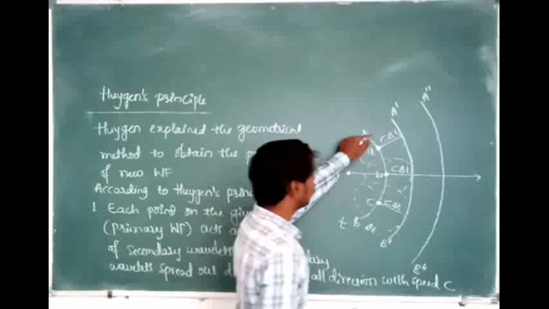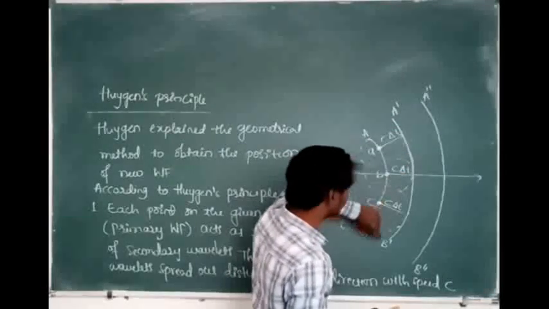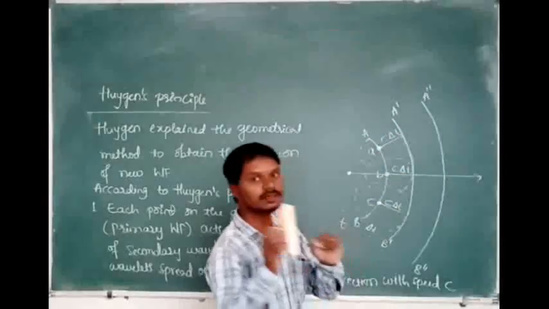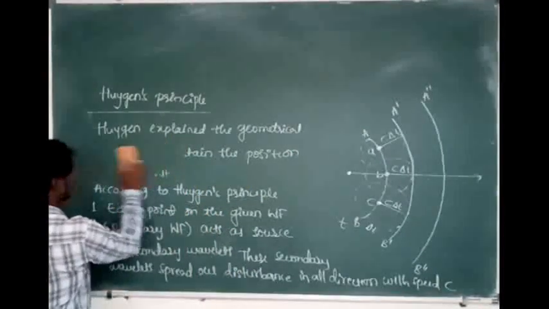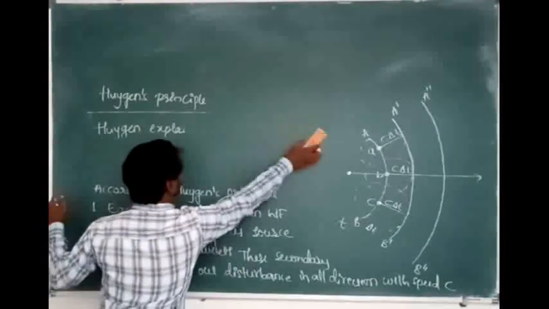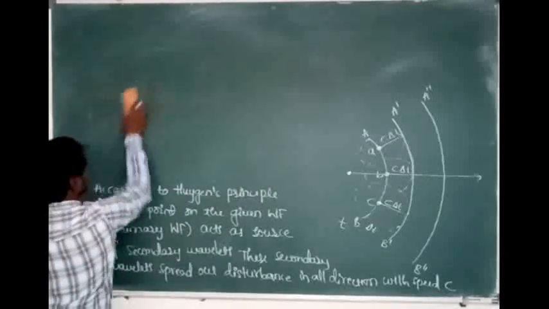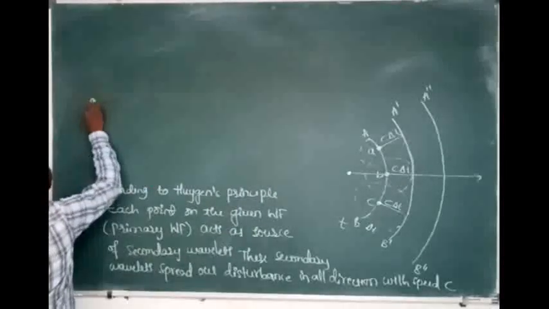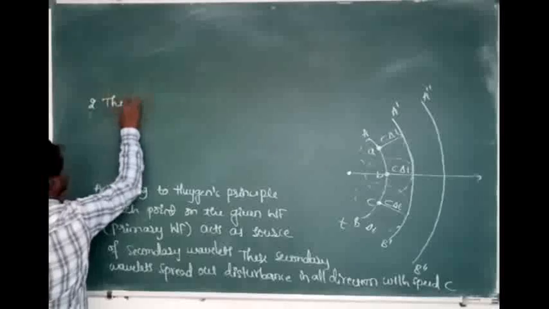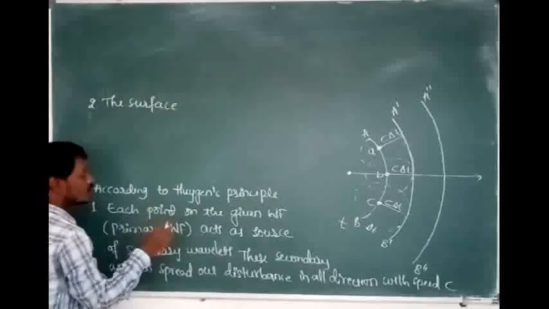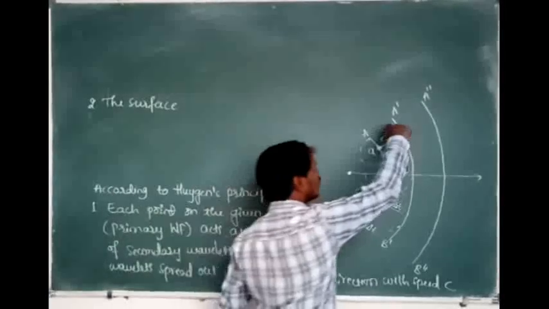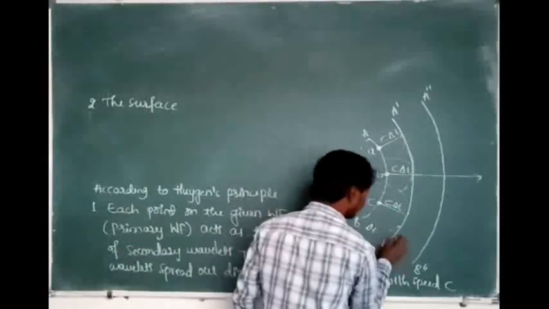The surface touching tangentially the secondary wavelets gives the position of the new wavefront. The surface touching tangentially is called the envelope. Okay, it is called the envelope.